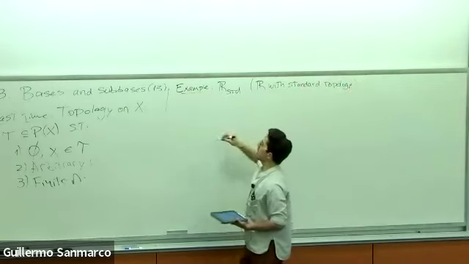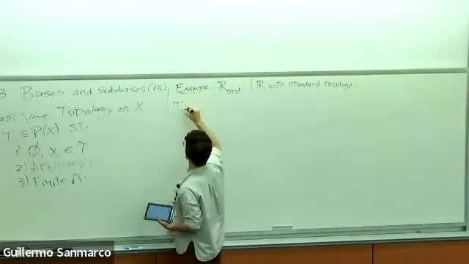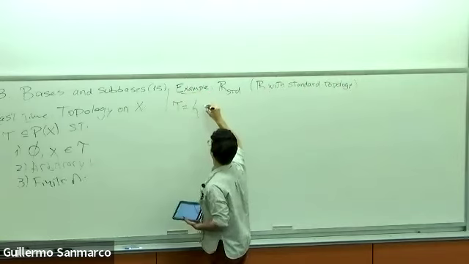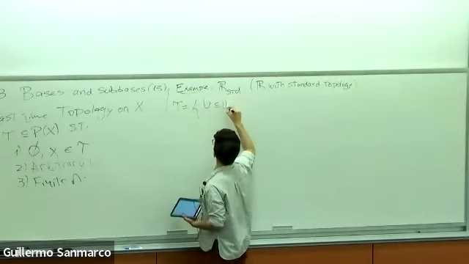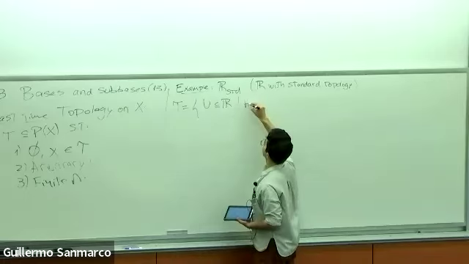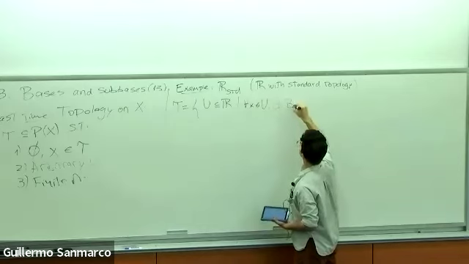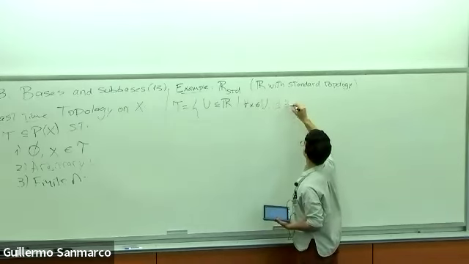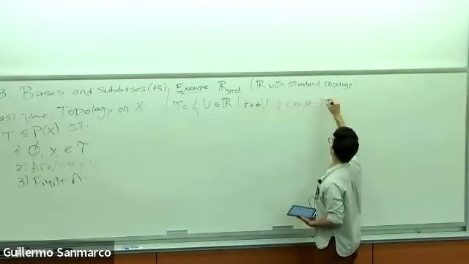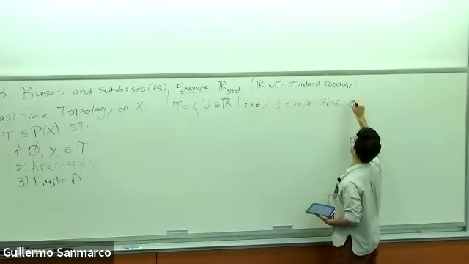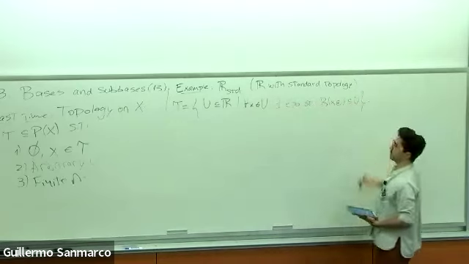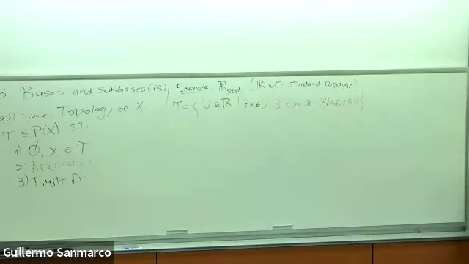Here the topology was defined as all subsets of the reals for which, whenever you have an element in the set, there is some epsilon such that the entire open interval is inside that set, which was kind of weird.